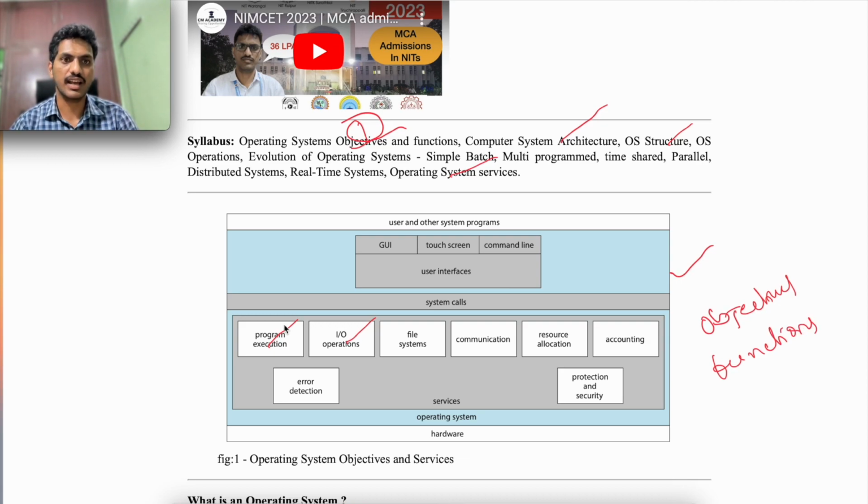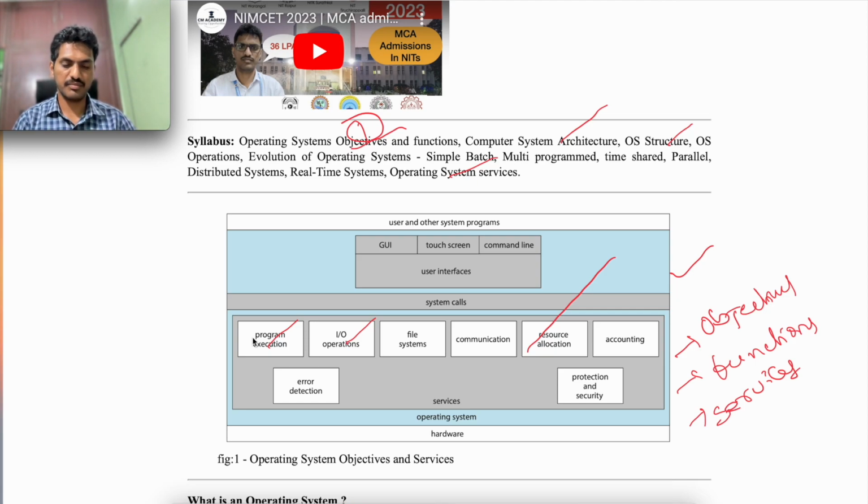Sometimes they ask like services of operating system. So whatever the question may be, the answer is the same. Make this diagram in the exam, and don't forget to make these boxes of services, program execution.